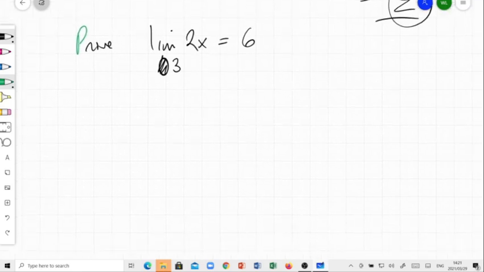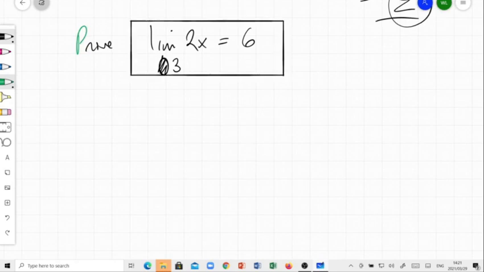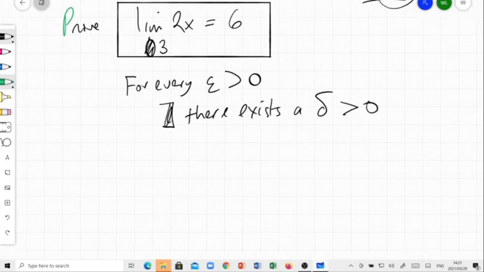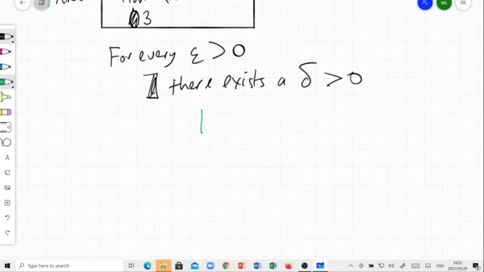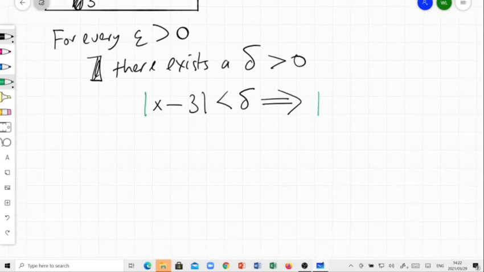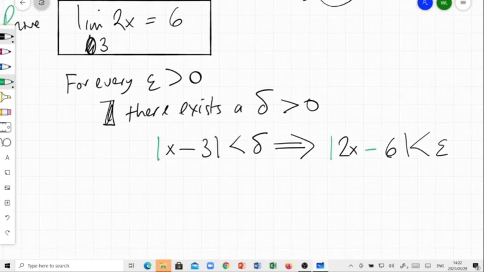Then what it means is that to say this is the same as saying for every epsilon, okay, every challenge, there exists a delta such that if my x's are delta close to 3, this will force my 2x's to be within distance epsilon of the limit 6.